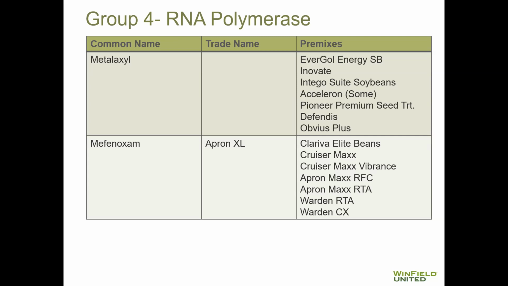Only the active isomer will actually provide any fungicidal activity. And so metalaxyl is a combination of the inactive isomers and the active isomers. With mefenoxam, they remove the inactive isomers, and so you only have the active isomers. Okay, it makes it much easier to work with.